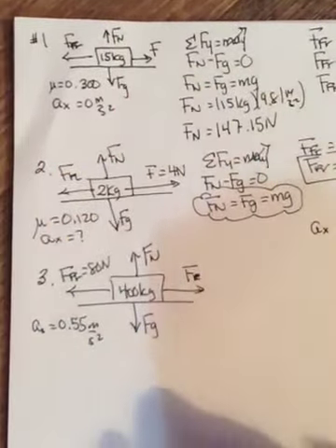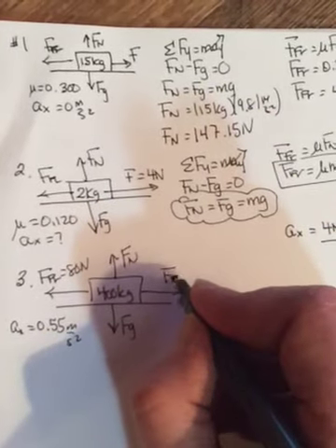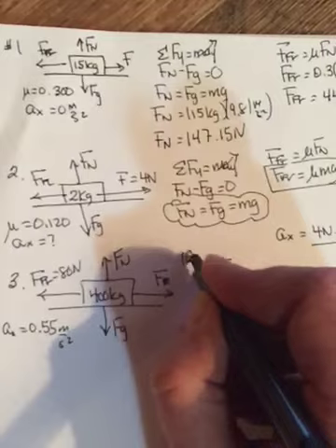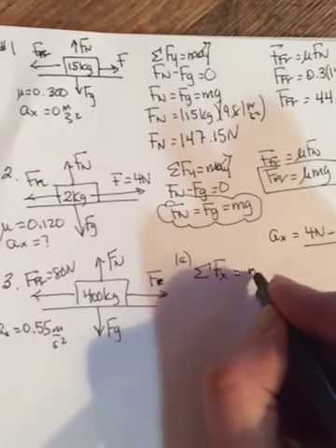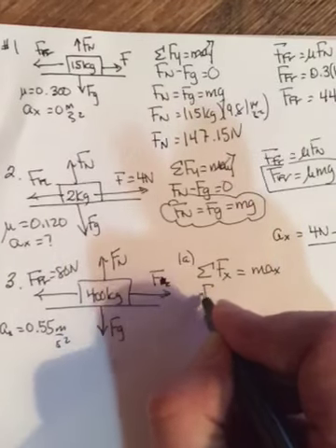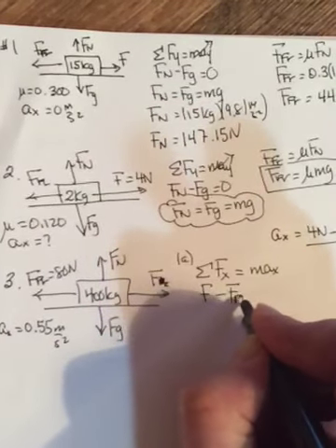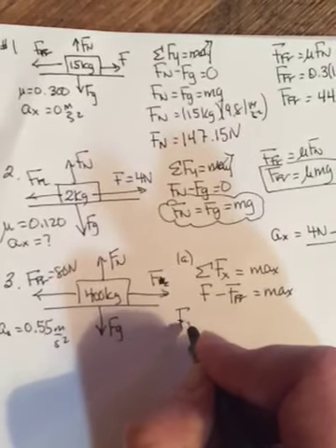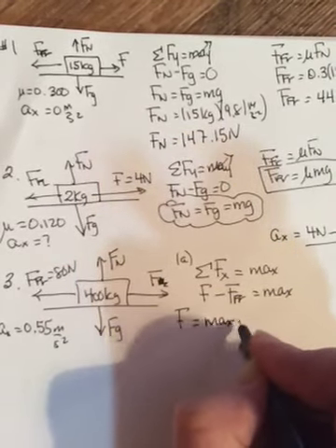Okay? So first we're looking for F, we could do that first if you want. Since it's part A, the sum of the forces in the x direction. And so it'll be F minus friction is equal to m a_x. And we're looking for this F. So F is equal to m a_x plus friction.